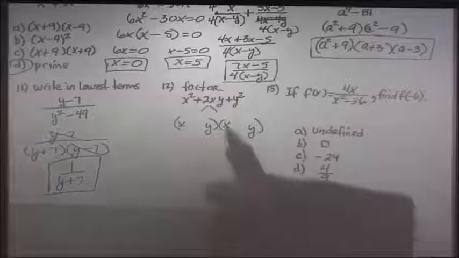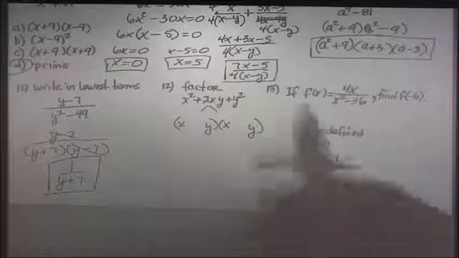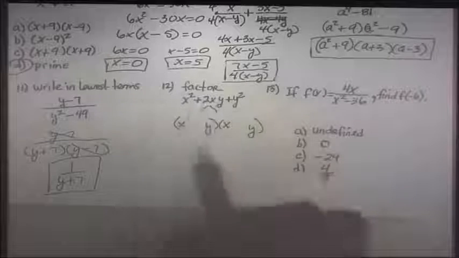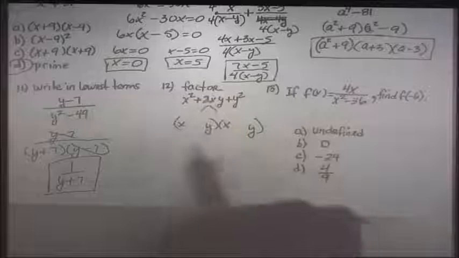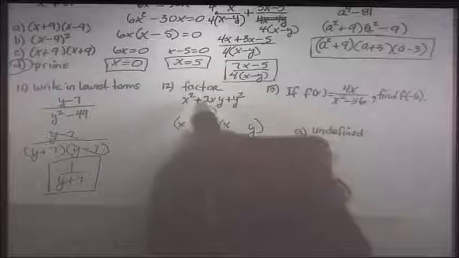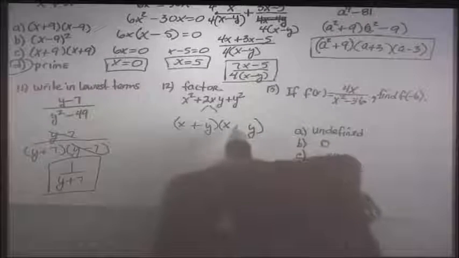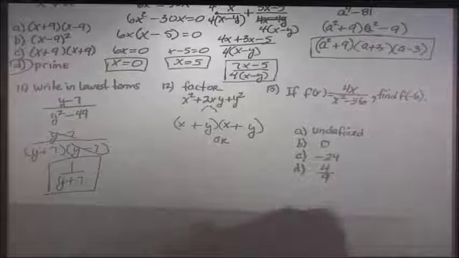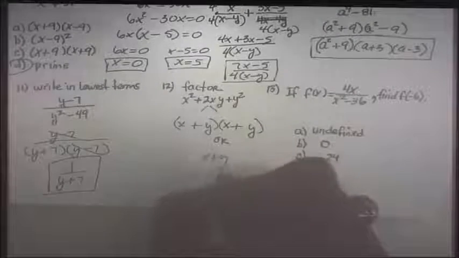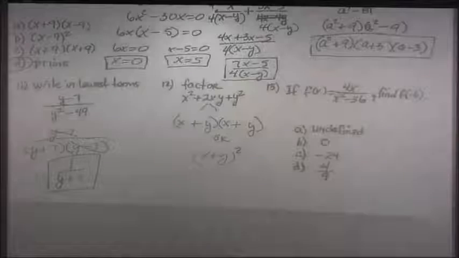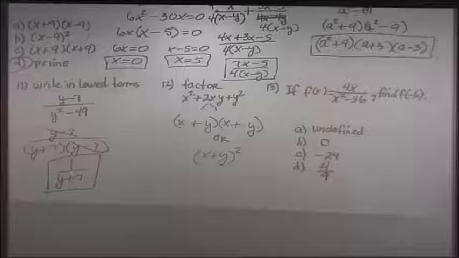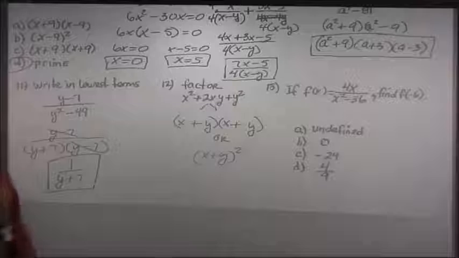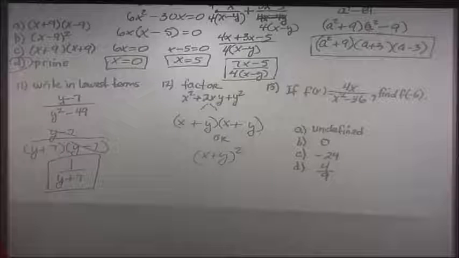And we know our middle term tells us what the signs are going to be. So if the middle term is positive, both are positive. If it's negative, both are negative. So here we have a positive term, so both of them are going to be positive. Or we can rewrite this as what? X plus y all squared. So on the test, this may be a multiple choice selection, who knows?